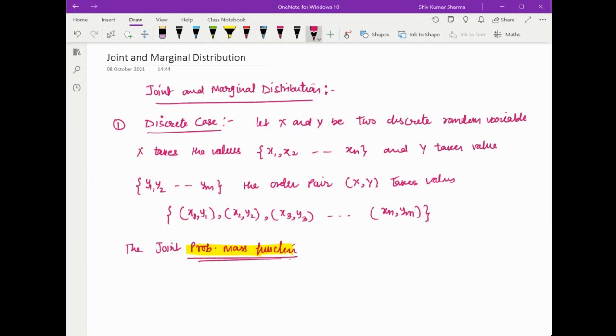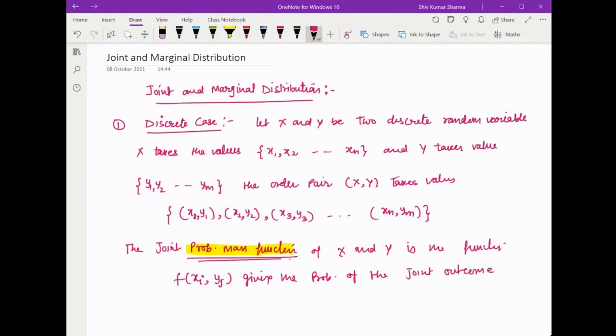So the probability mass function for the discrete case of x and y is the function f of xi, yj, giving the probability of the joint outcome, that means x equal to xi and y equal to yj.